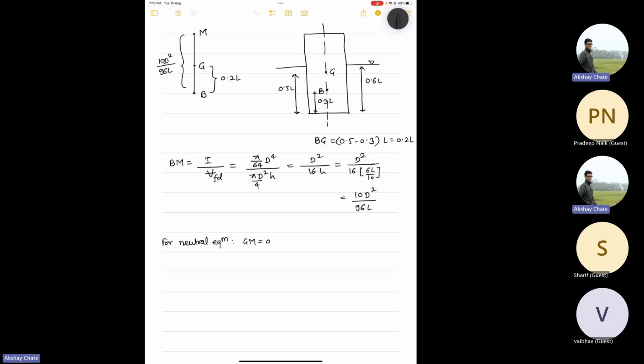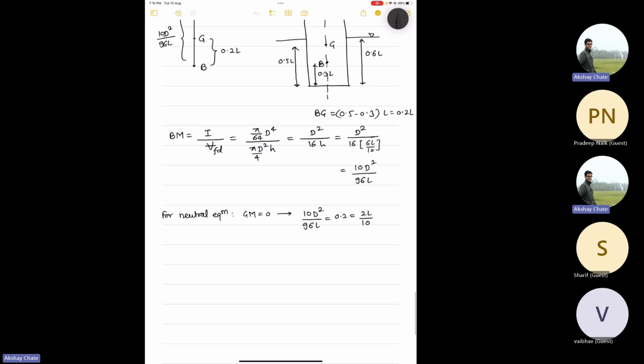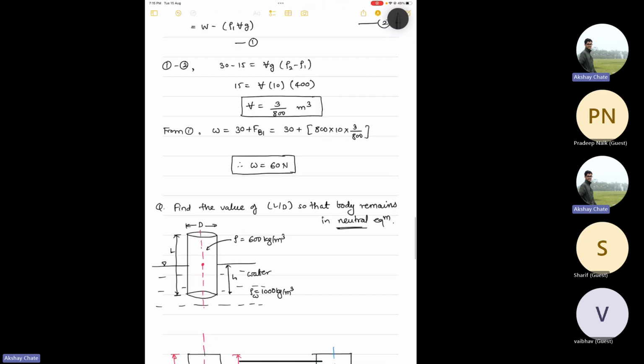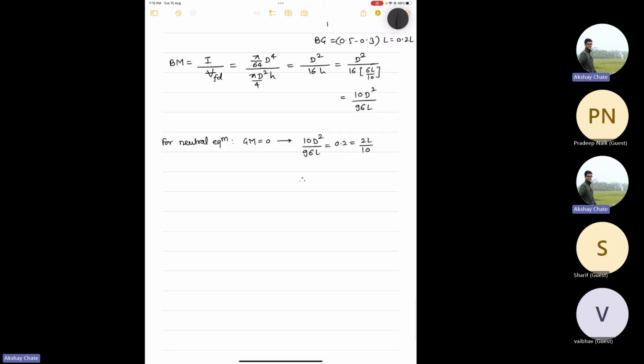So the distance between G and M will be 0. That means 10 d square by 96 L will be equal to 0.2 L, or maybe 2 L by 10. From here, what is asked in the question is L by d. So you can rearrange the terms, and you get L square by d square equal to 100 divided by 96.